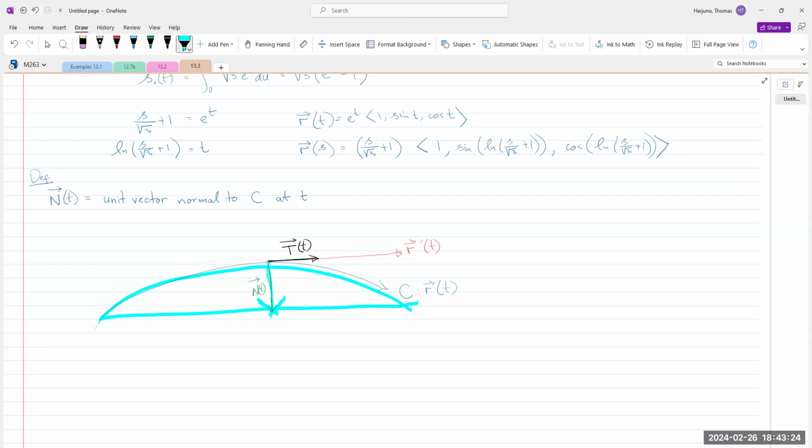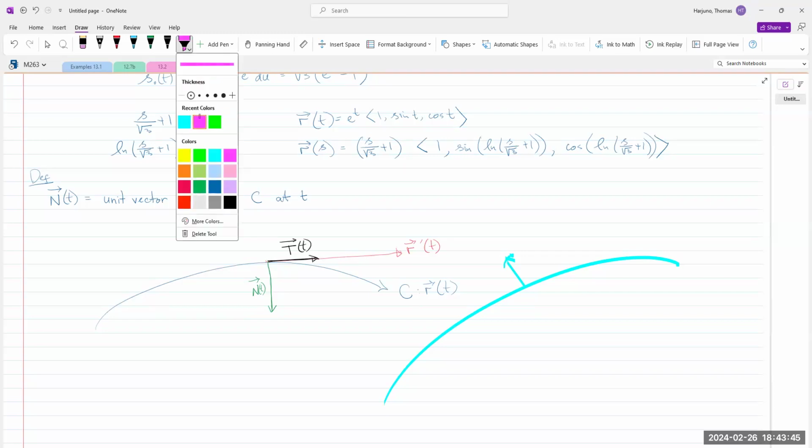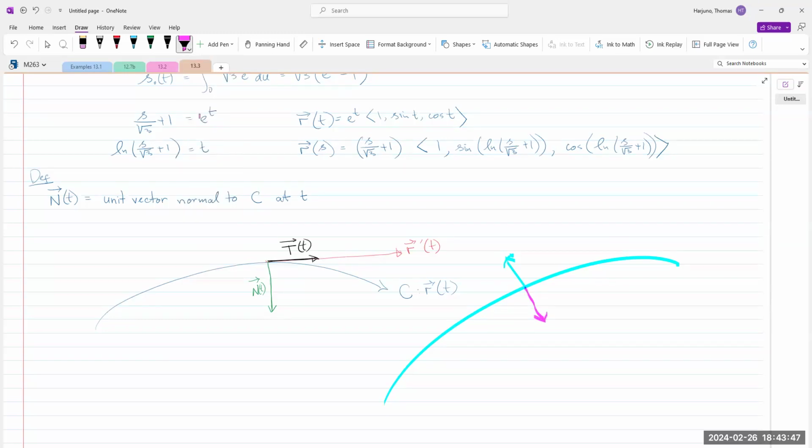If you exit a freeway or enter a freeway, usually we have some loop, right? Then you will feel that you are thrown away from that loop. And for you not to be thrown away, you basically need to apply a force normal to it, opposite of that. So imagine centripetal and centrifugal force, if you happen to know that from physics.